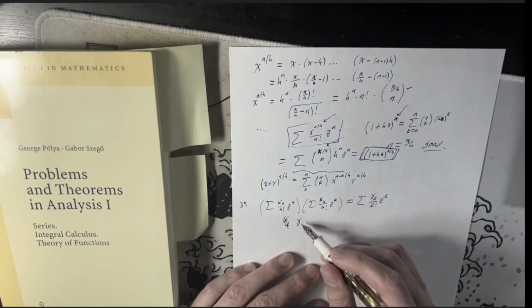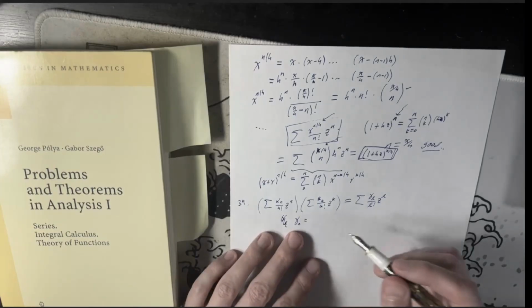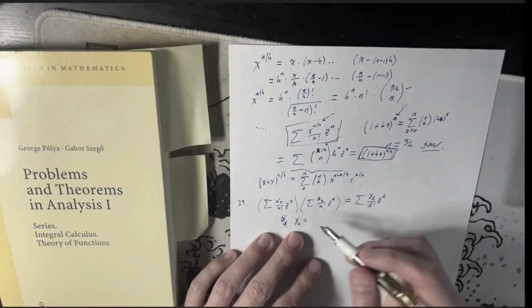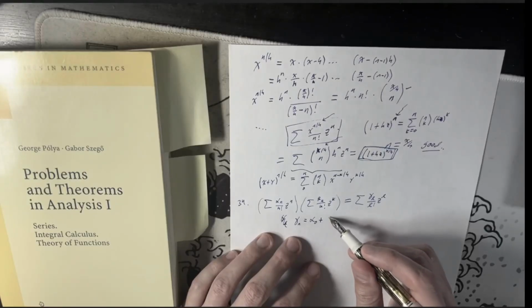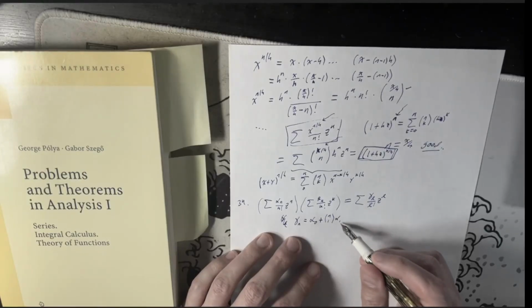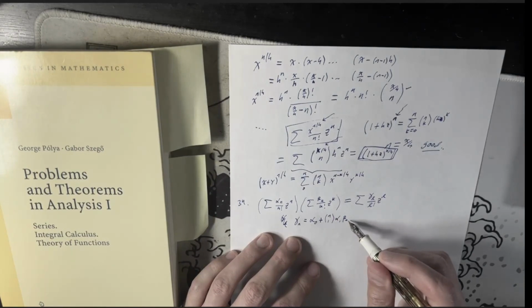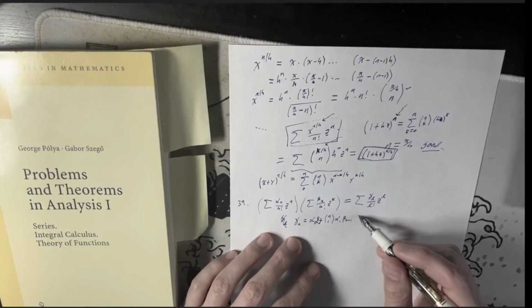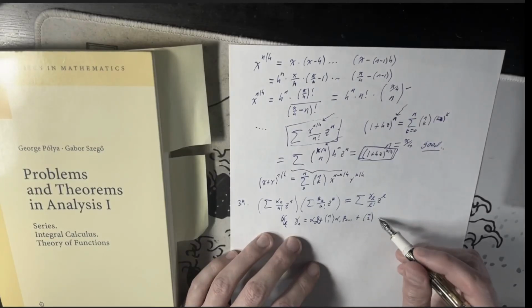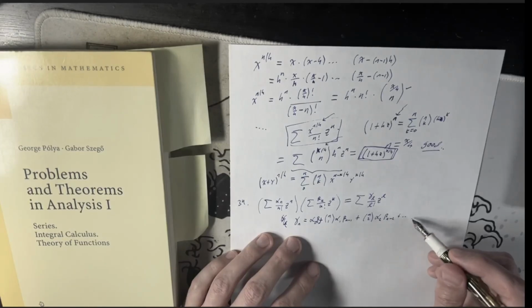Actually, let's do the nth one. It would be like alpha 0 plus n choose 1, alpha 1, beta n minus 1, etc., n choose 2, alpha 2, beta n minus 2, and so on.